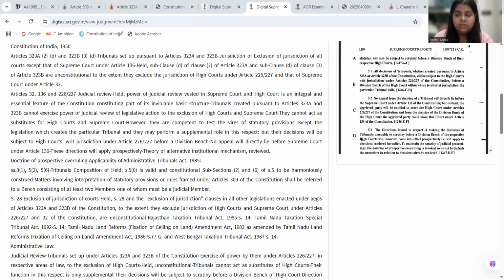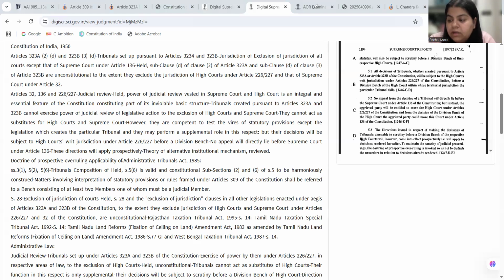So any provision of law cannot bar the judicial review jurisdiction of the Supreme Court or High Court, which exercises judicial review on its subordinate bodies or on the bodies in its jurisdiction.